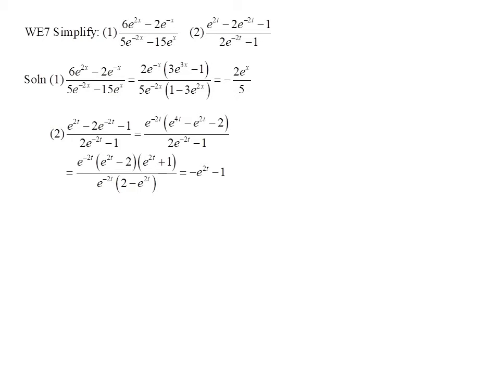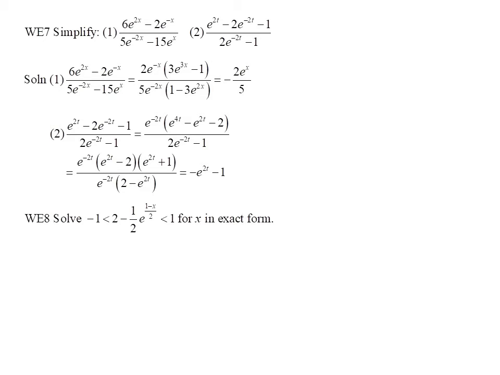However, after the factor e to the -2t is taken out from the terms in the denominator, the remaining terms are 2 minus e to the 2t, which is the opposite expression of a factor in the numerator. So the simplified form of the second exponential expression is -e to the 2t minus 1.